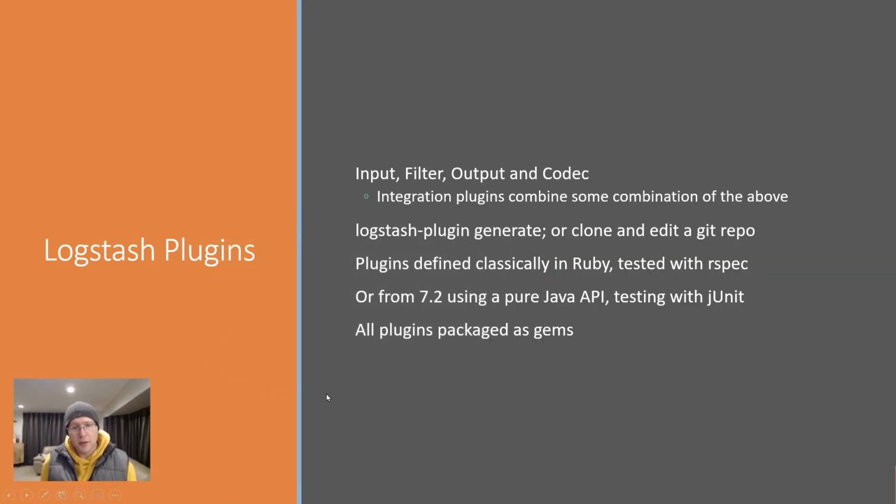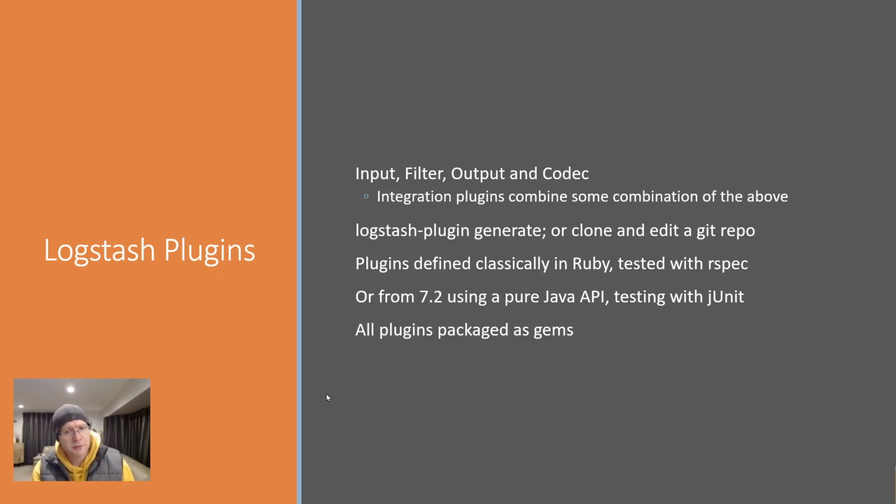So let's just recap the bits that we need to know about for Logstash plugins. So recall that we have input plugins, we have filter plugins, we have output plugins, we've also got codec plugins. So you'll probably be familiar with the JSON lines codec or the Ruby debug codec.